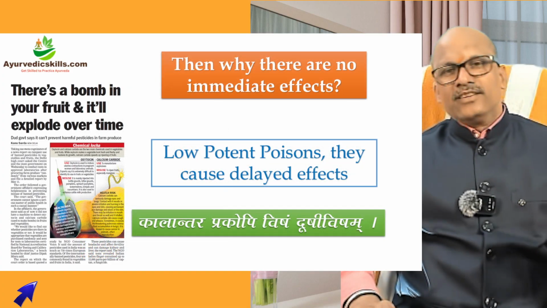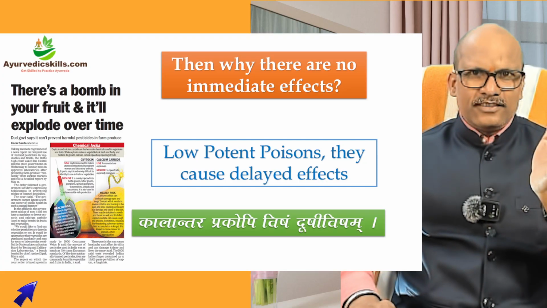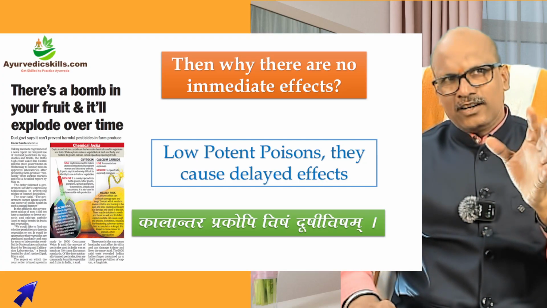There are coloring agents, preservatives, rodenticides, pesticides, insecticides, herbicides. Chemicals that are used as additives, coloring agents, flavoring agents, preservatives, all enter into our food. Still, we do not suffer from immediate diseases or immediate clinical manifestations like Dashagunatmaka Visha.